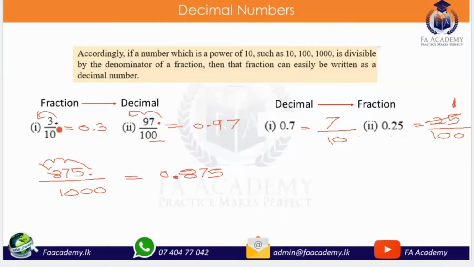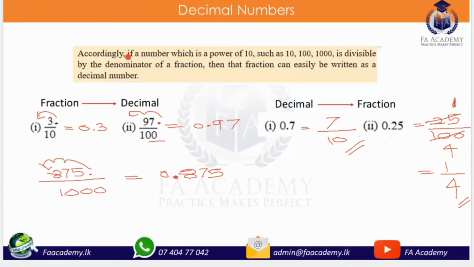There is only one. But you know 4 25s make 100. So you can simplify, and you get the answer 1 over 4. That's the right fraction for 0.25. Always we have to simplify and keep the answer. So then you get the full marks for your answer.